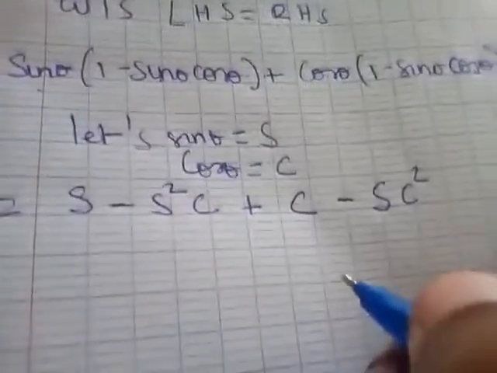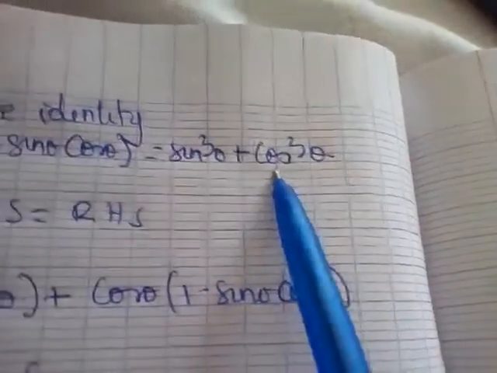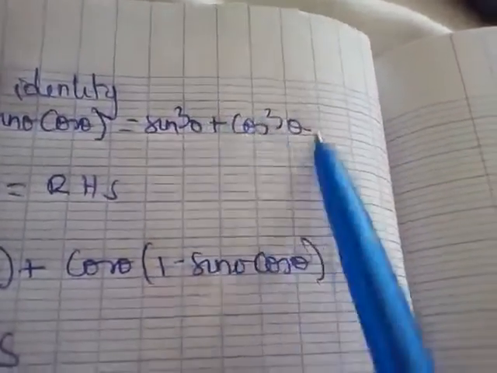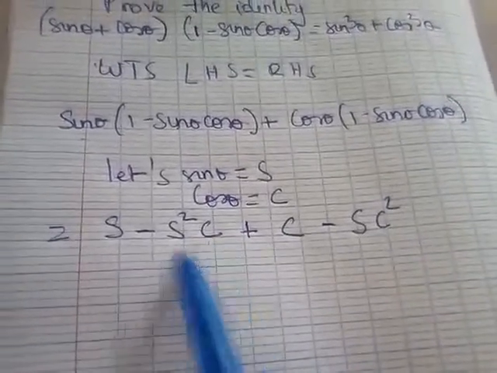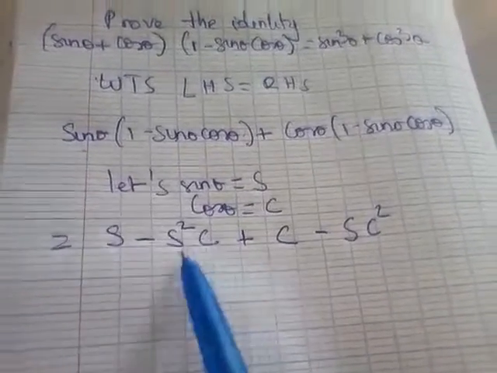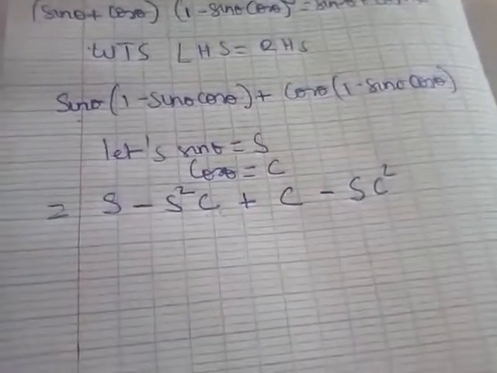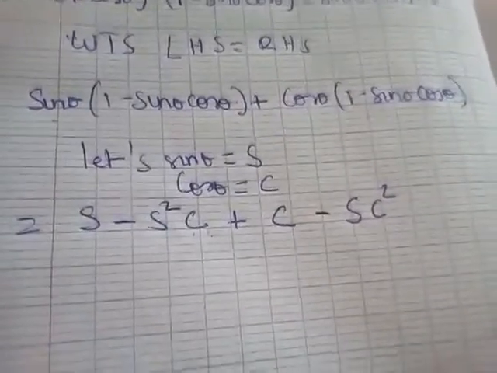So what do I do? You can see that in your right hand side you have sine cube theta plus cos cube theta. You don't have any expression involving both sine and cos together, so you have to break it down using the identity that you must know.